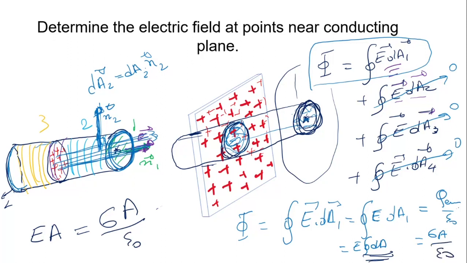If I cancel this, the electric field will be just sigma over epsilon 0 for a conducting plane. So the electric field just in front of a conducting plane, or at any point far from the conducting plane, will be sigma over epsilon 0.